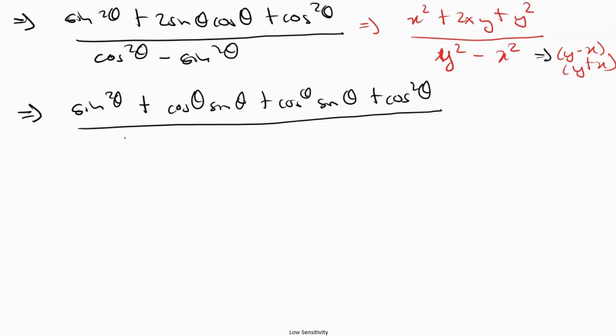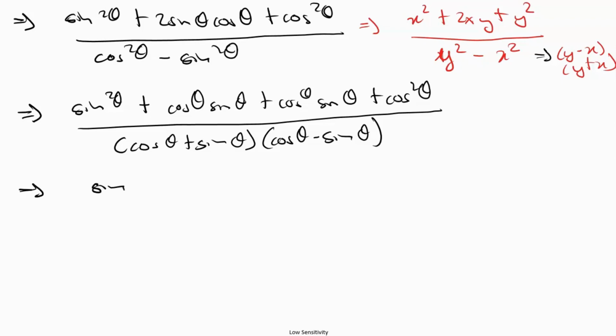So here we have cosine theta plus sine theta and cosine theta minus sine theta. The same here, the first one we can factorize, which is sine theta. So now we have sine theta plus cosine theta plus, we can do cosine theta here.